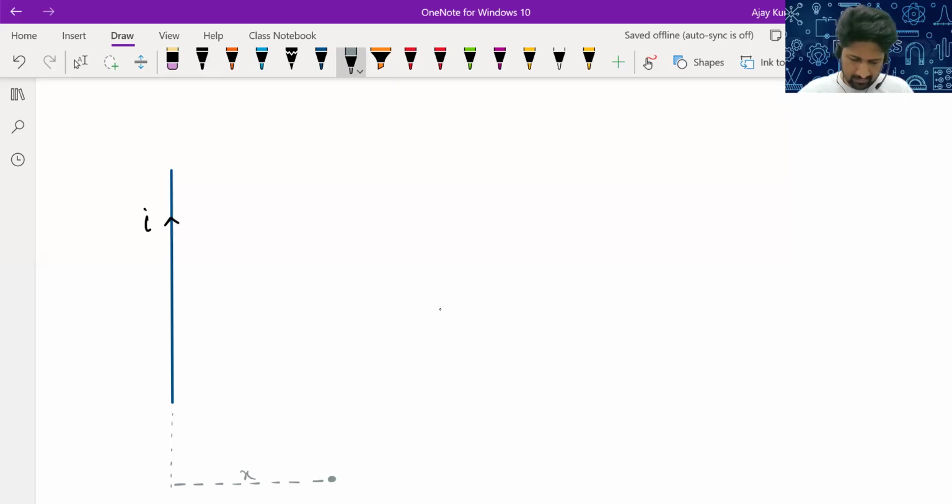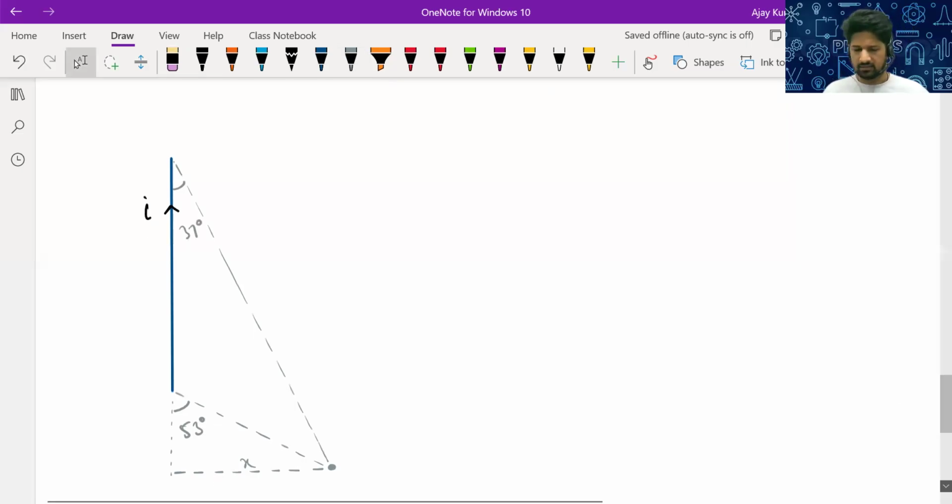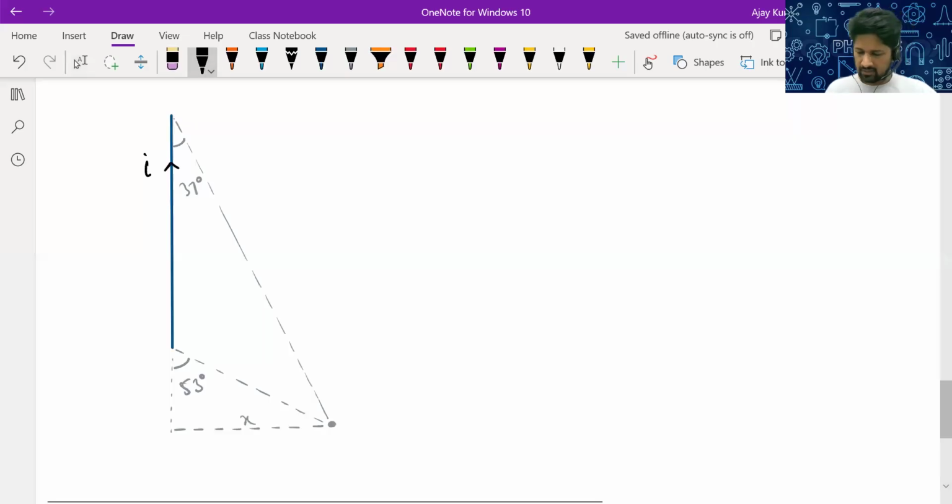When you connect the point to the ends of the wire, this angle is found to be 53 degrees and this angle is found to be 37 degrees. Current is flowing in the upward direction. Derive the magnetic field at this position. Try this, both of you. I'll give you 2 minutes.